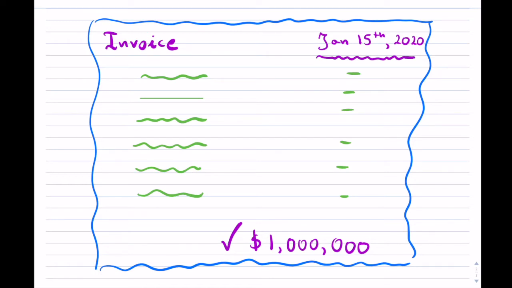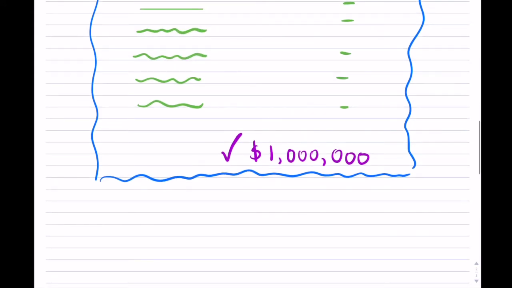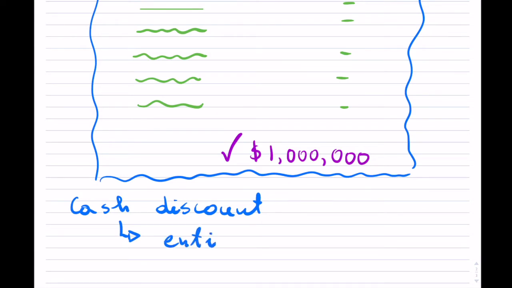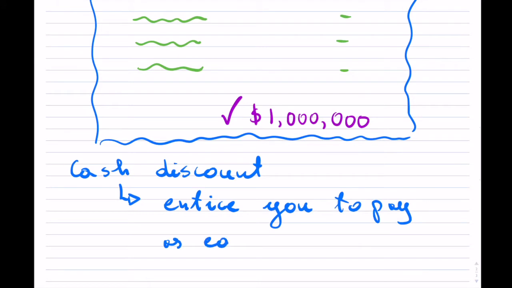Now, since most businesses love to get paid as early as possible, they will try to entice you to pay as fast as possible by providing you a cash discount. So this is really to entice you as a business to pay as early as possible.